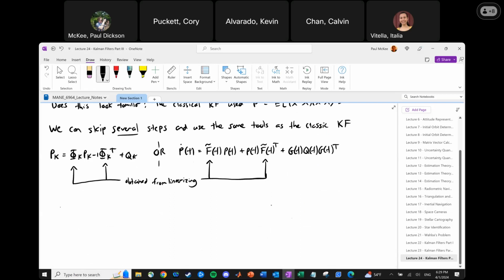So we've got the extended Kalman filter update step. There we are. So we begin with our nonlinear measurement model.